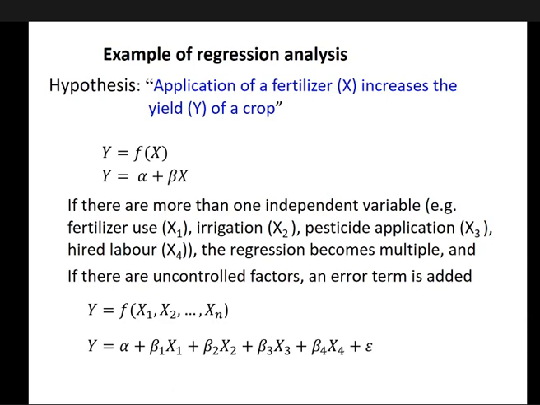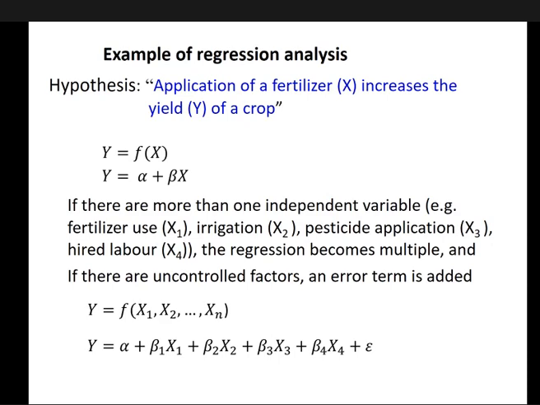If you run your model, the plus signs in this equation may remain as positives.